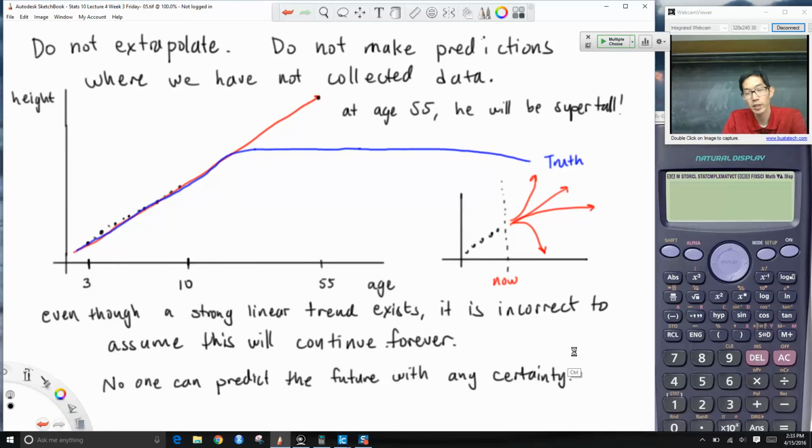Okay, so patterns can exist in the past, and sure, linear regression is very useful if you want to ask how tall we would predict for something around here. Fine. But predicting things far in advance is very, very hard to do. We can predict a little bit into the future, maybe a few hours, depending on what we're talking about.